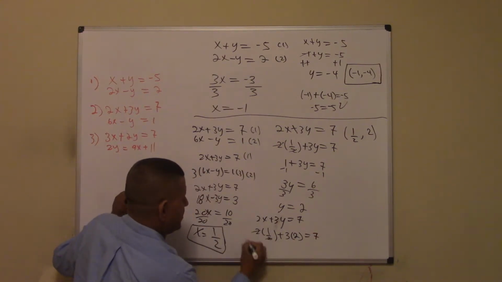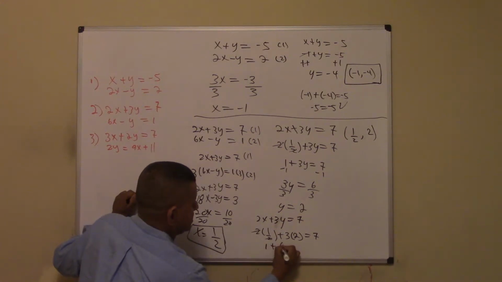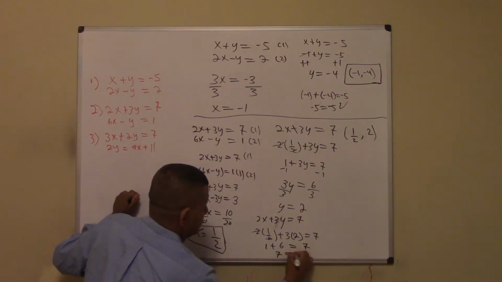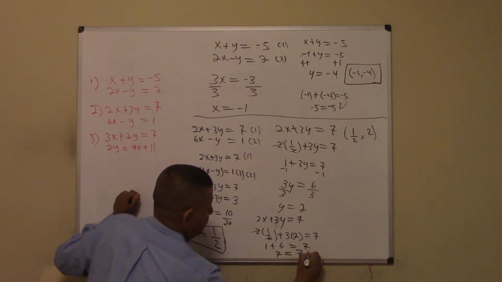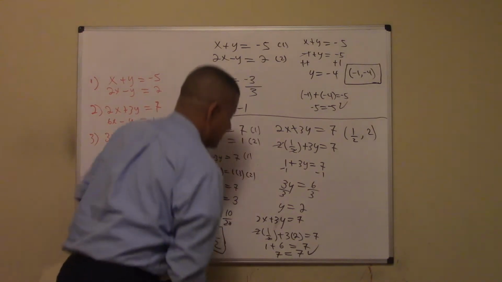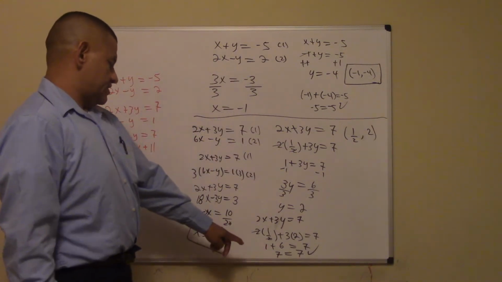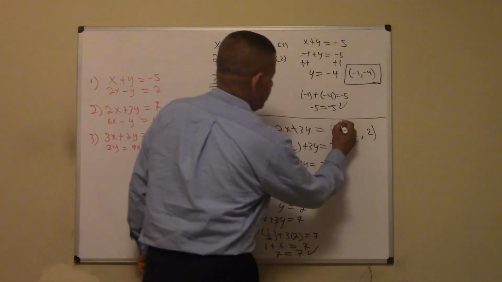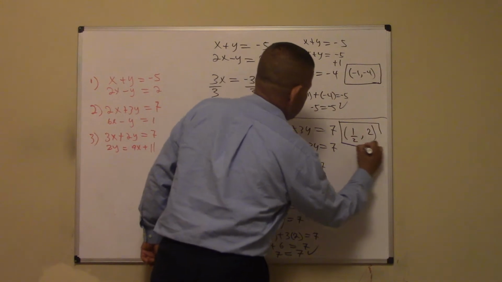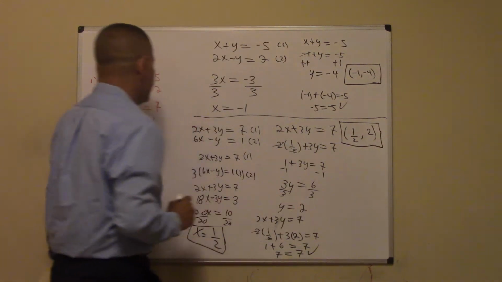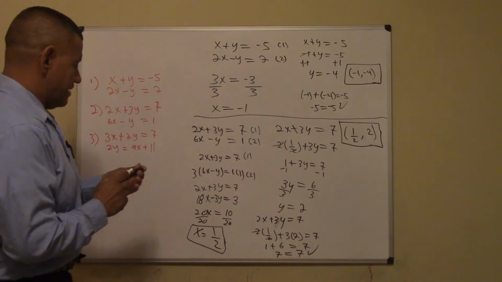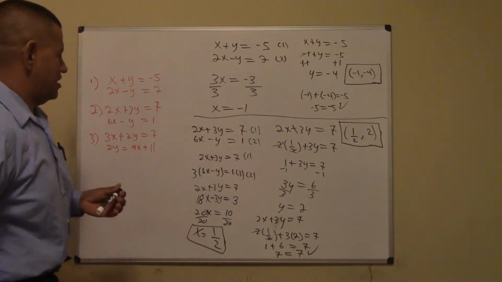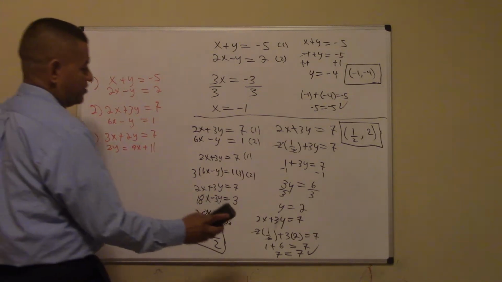Now this cancels out with that, and I get 1 plus 6 is equal to 7, and 7 is equal to 7. So therefore, it checks. So the answer for this equation is also correct. So this is the second equation right here. Okay, so now let me erase some of this stuff to do number 3 real quick. Let me erase this.